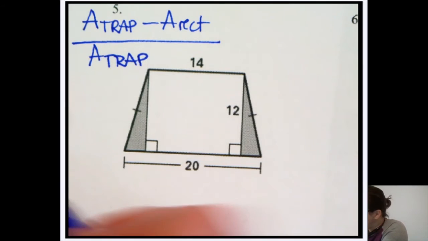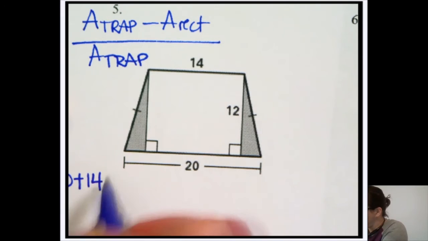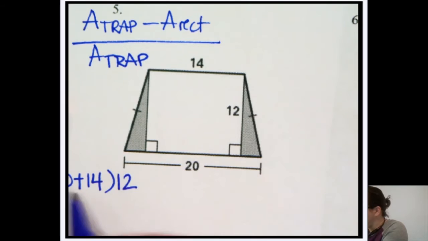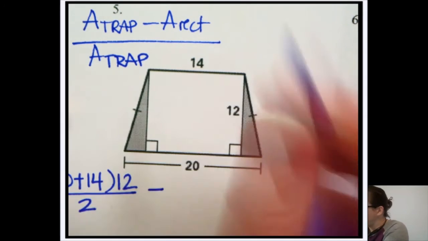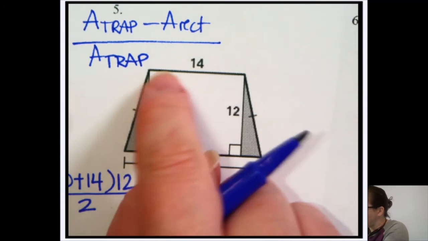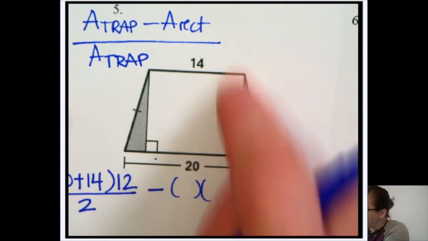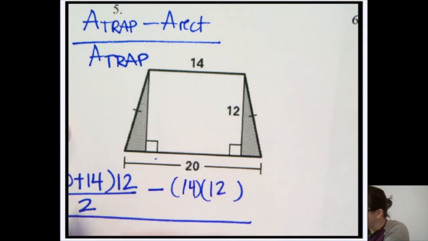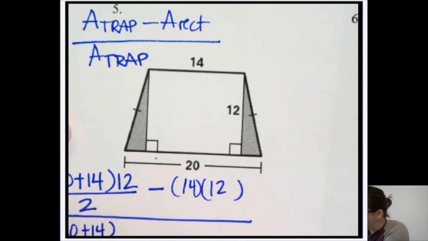So the area of a trapezoid is the 20 plus the 14, because those are my two bases, times the height, which is 12, and I divide that by 2, minus the length and width of my rectangle, which is 14 by 12, all over this trapezoid again, which maybe it would have been easier if I'd found it first.